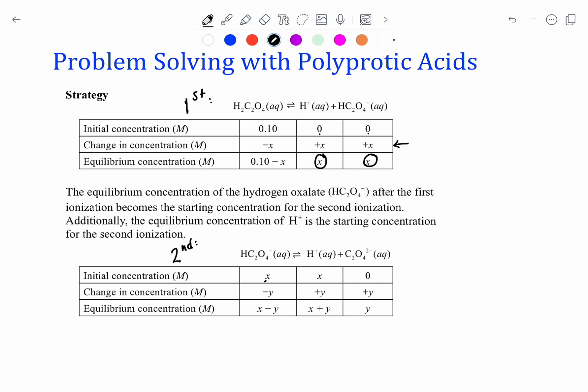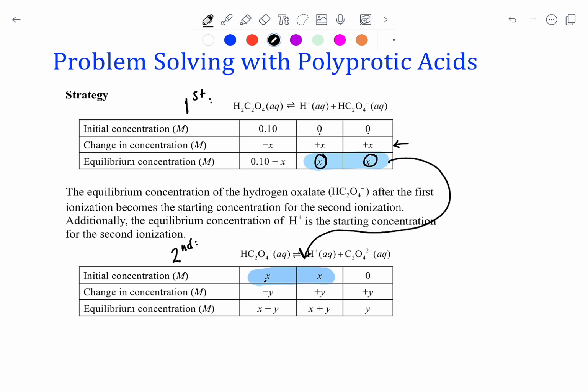So the equilibrium concentration of the hydrogen oxalate, the HC2O4 minus, after the first ionization becomes the starting concentration for the second ionization. Okay, so whatever's here in these 2 columns from our first ionization then gets put in the initial row of our second ice table.